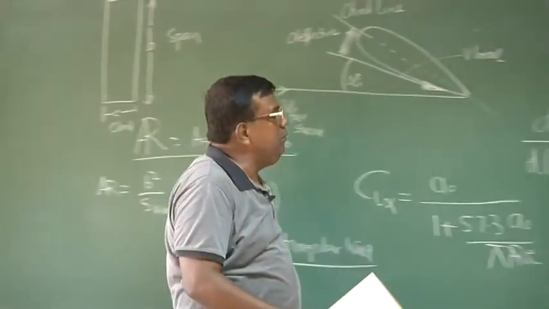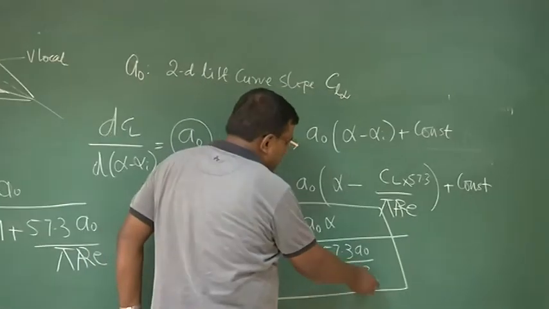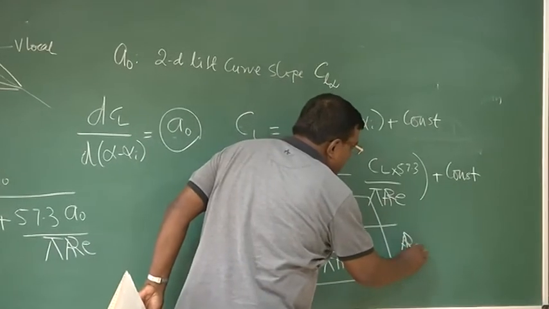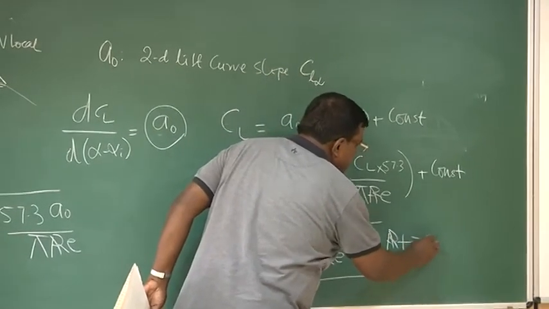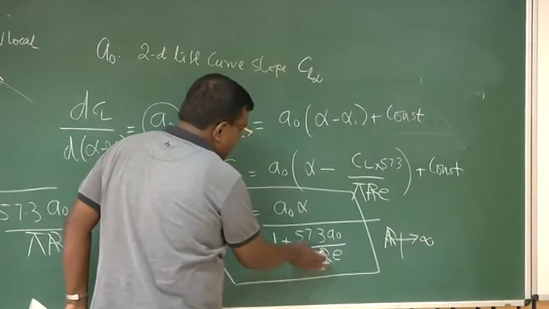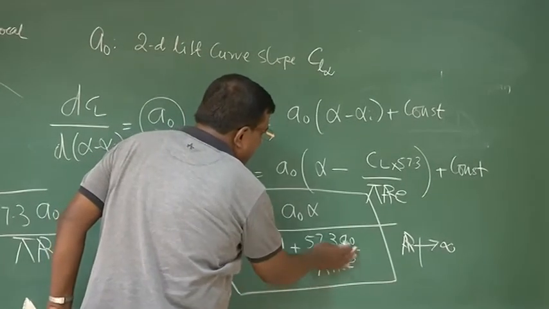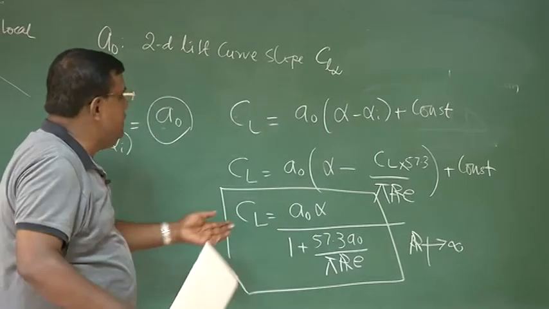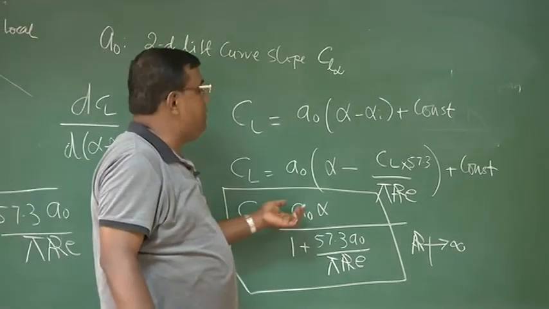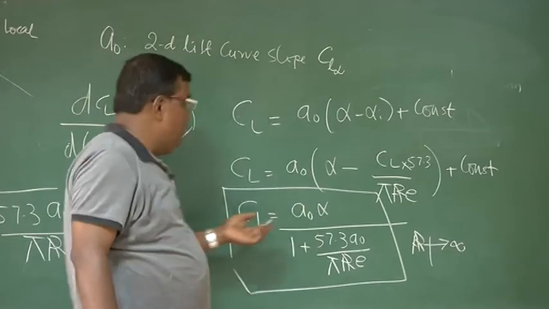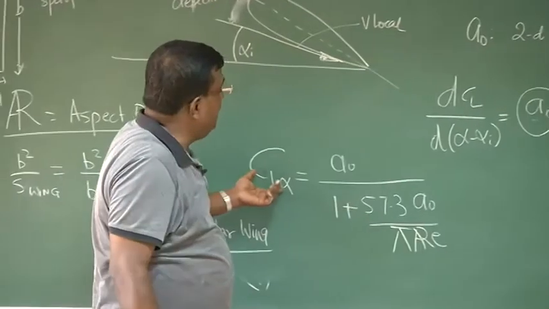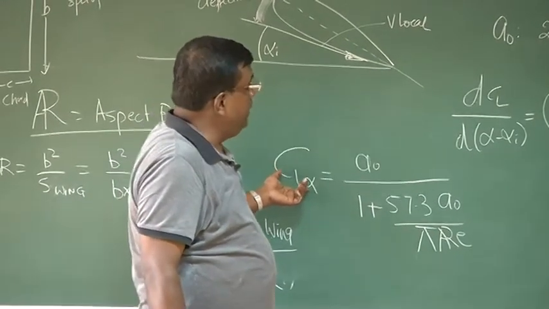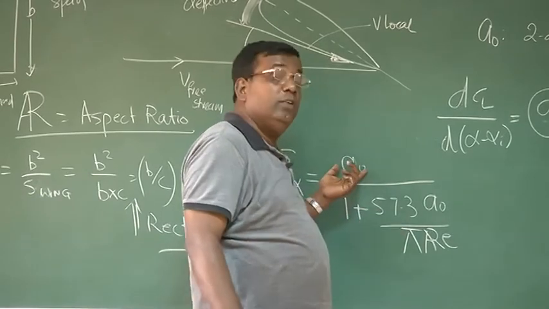If aspect ratio becomes infinite, what happens here? If aspect ratio becomes very large, then this term will become 0. So in that case, the CL will be the same as the CL you get from 2D. Or coming here, the CL alpha of the whole wing will be the same as the CL alpha of the aerofoil.